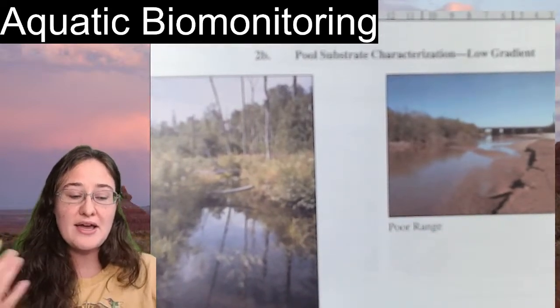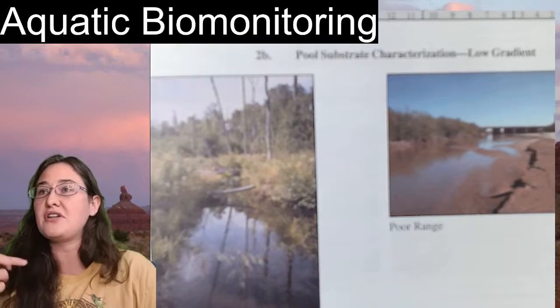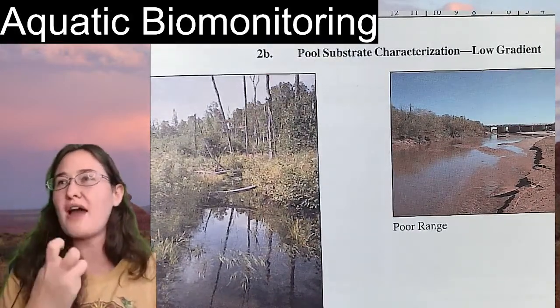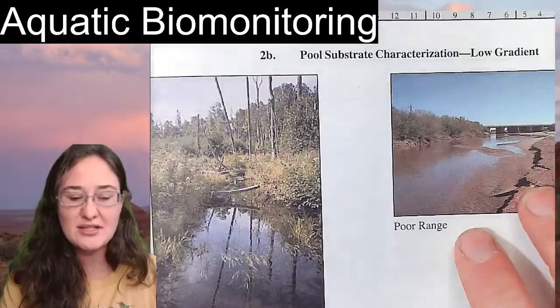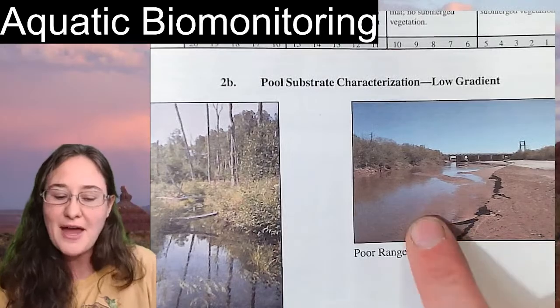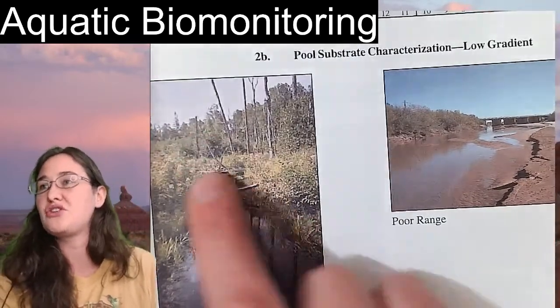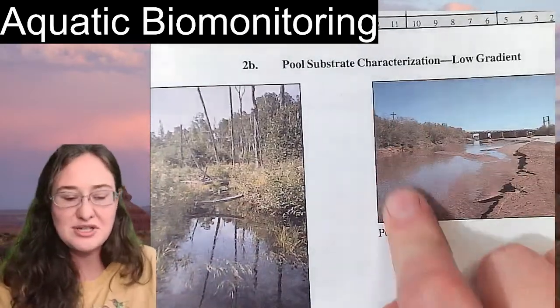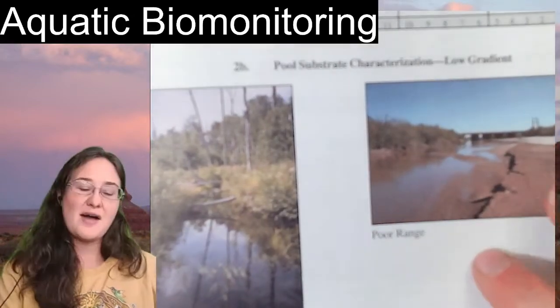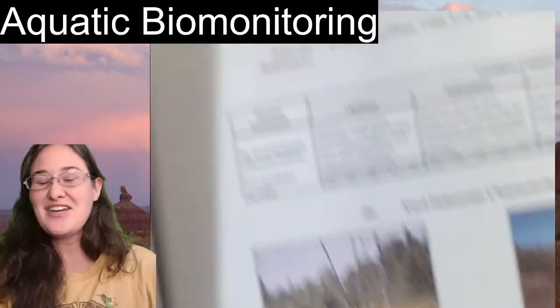What you want is a mixture of gravel and more solid substrates, whereas you don't want bedrock with no root vegetation, no roots on the edges, or all mud and all clay. Bugs don't really like that, right?